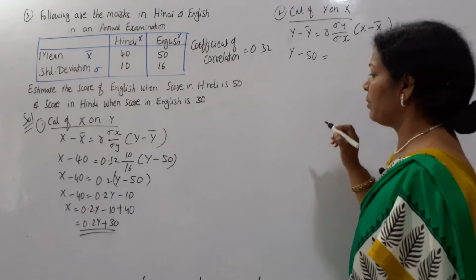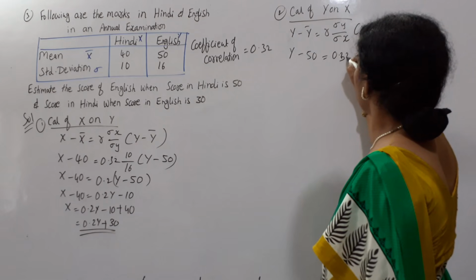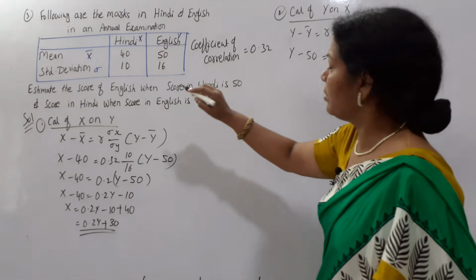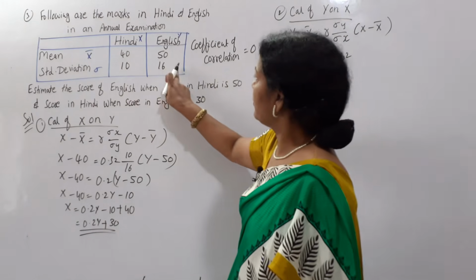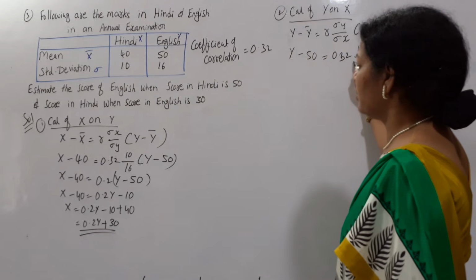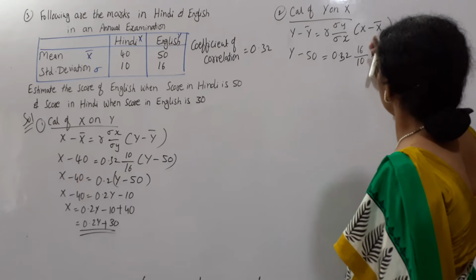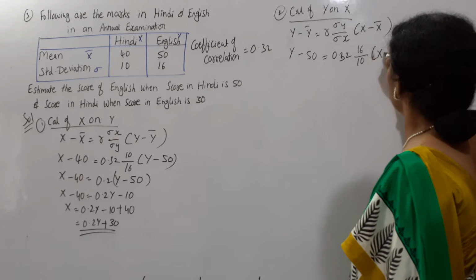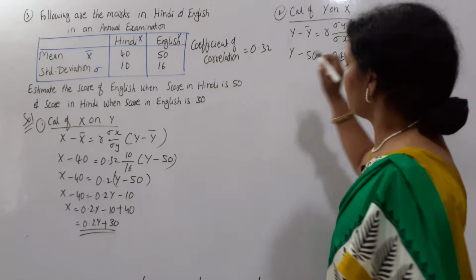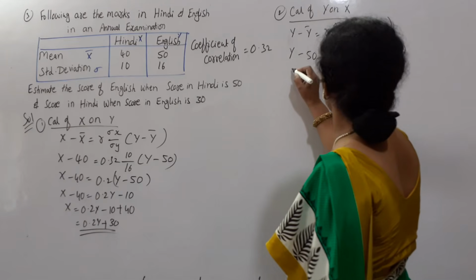R into rho y by rho x is here 16 by 10 into x minus x bar, which is here 40. We will simply apply this.